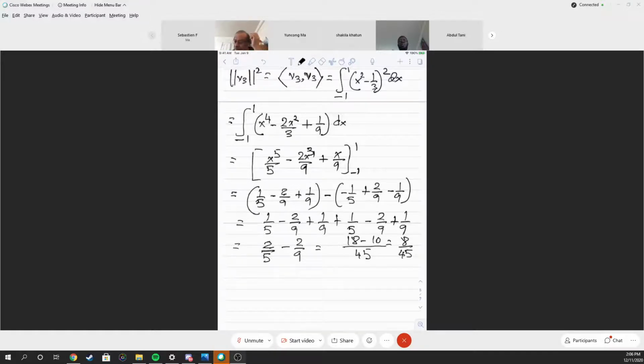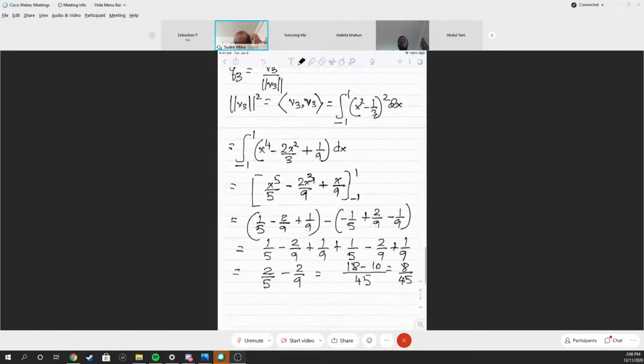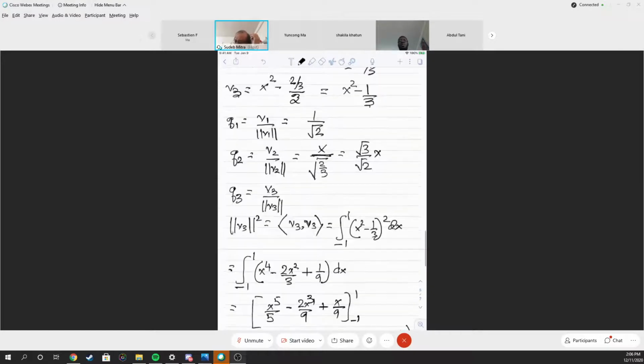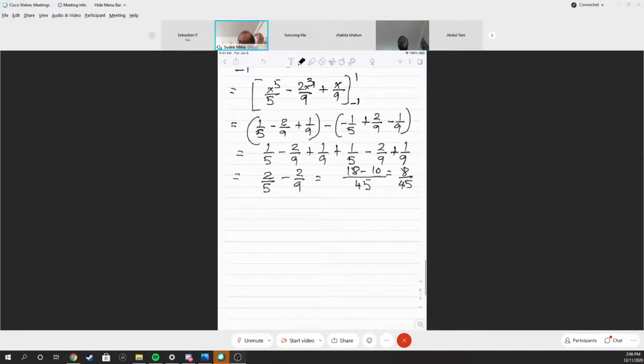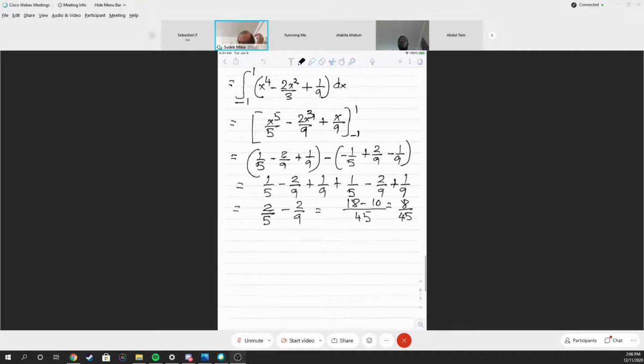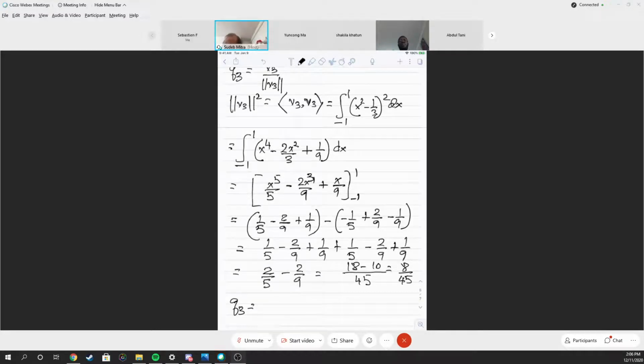Okay, and what is my V3? What was my V3? V3 was, where's V3? X squared minus 1/3. So Q3, did I do this correct? Can everybody check? Minus 2/3 x cubed by 3 is 2/9.